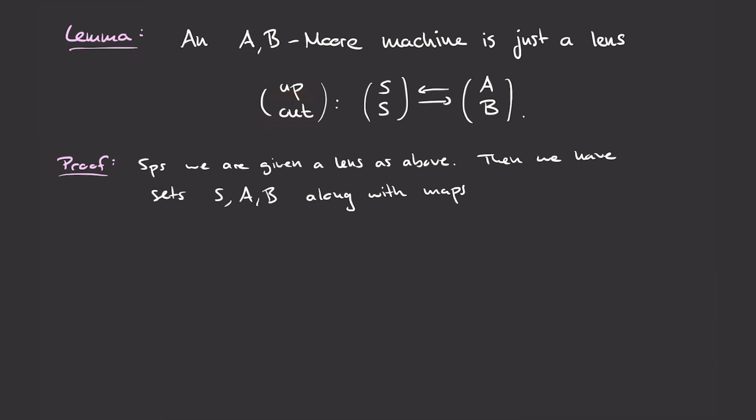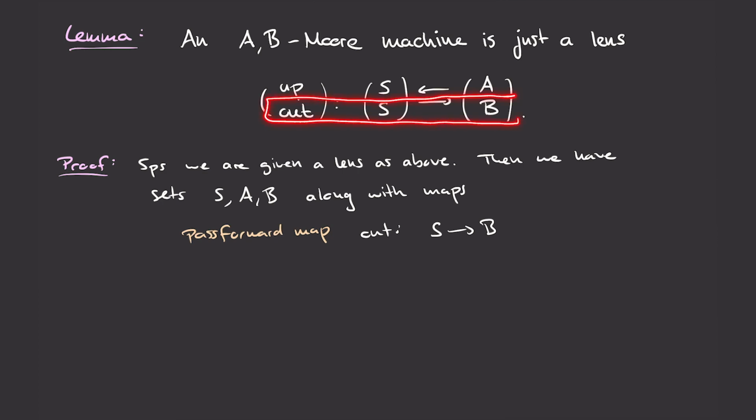This map called up is the pass back map, while the map called out is the pass forward map. So the pass forward map in our case is called out, and by the definition of a lens, this map goes from S to B. Remember that the pass forward map is just like a function if you limit yourself to this bottom tier of the notation. So it takes an element of S and produces an element of B.